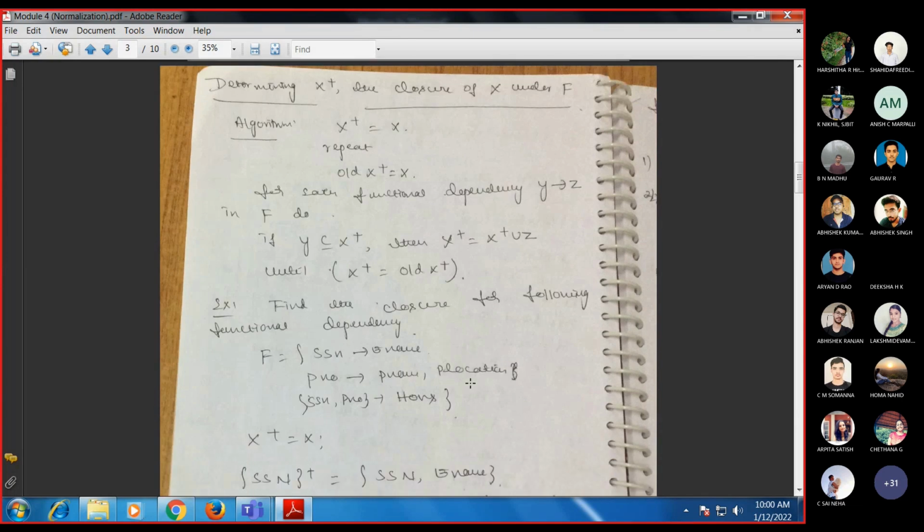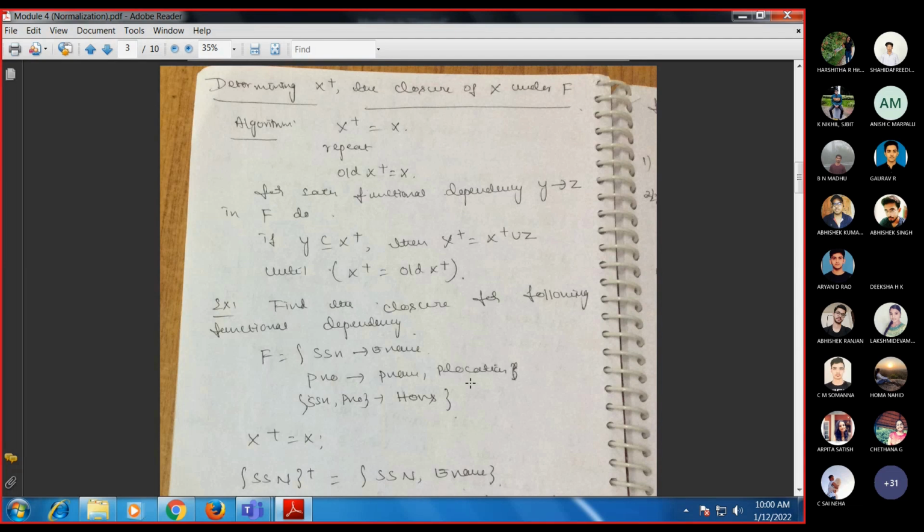Next topic. This is very important. In the exam they will ask: explain or write an algorithm to determine the closure of X under F. This is a question.